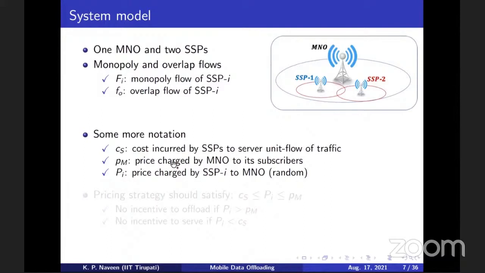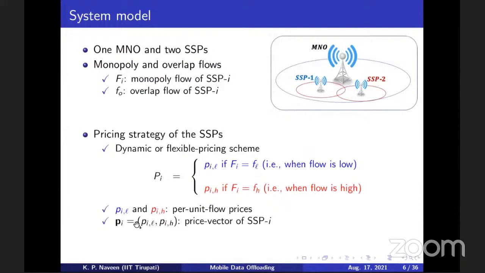So PM is the price charged by the MNO to its subscriber, and Pi is the price charged by each SSP to the MNO. This is a random quantity: depending on the flow level, a price will be fixed. But once a price vector has been announced by the SSP, we have a distribution on Pi as well.